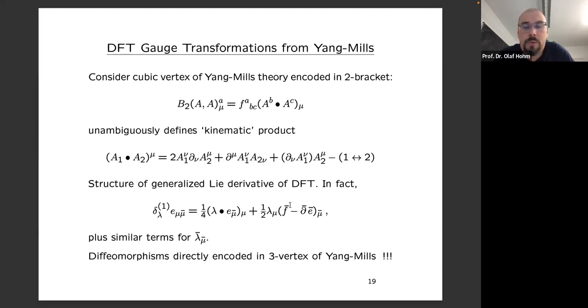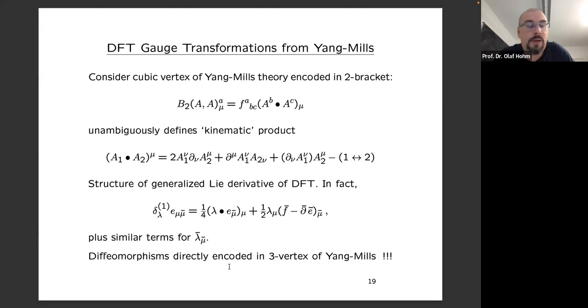So there's one term which involves the auxiliary fields F bar and E. But if you look at just precisely the terms that couple lambda, the gauge parameter, to the fields E mu bar, and you take one index to be inert, then this is exactly given by this bullet product that you read off directly from the three vertex of Yang-Mills theory.